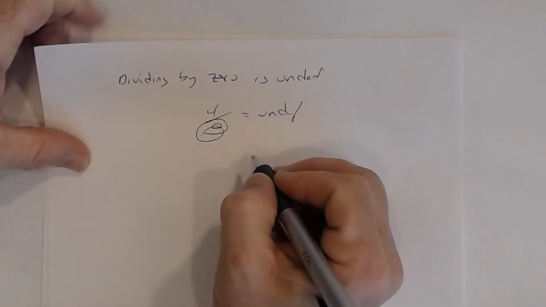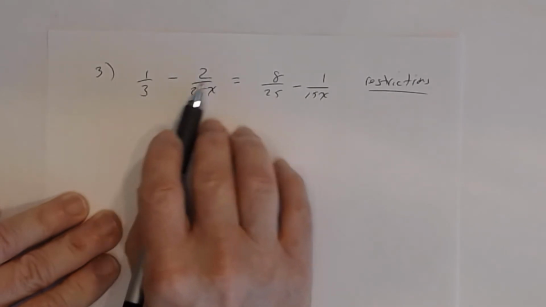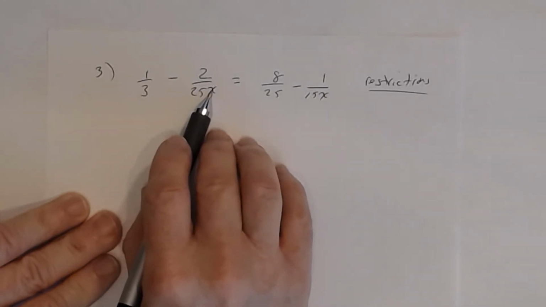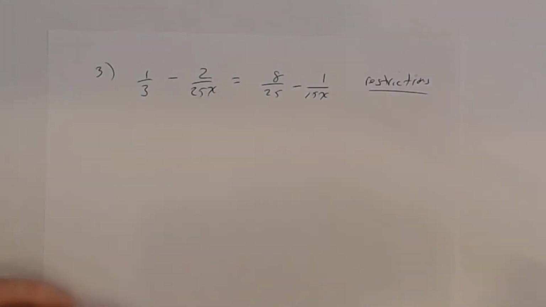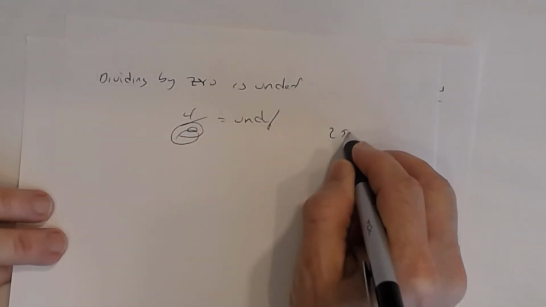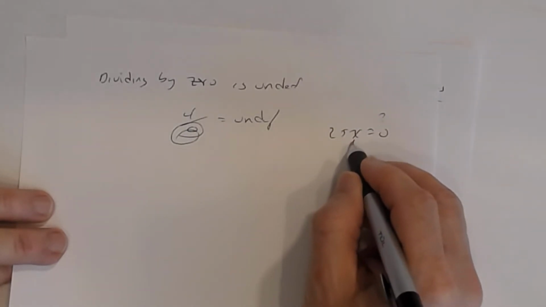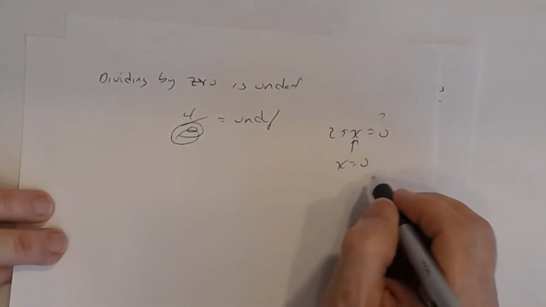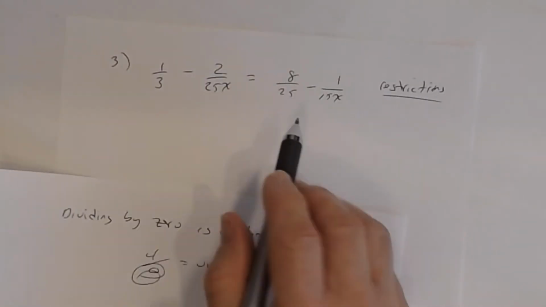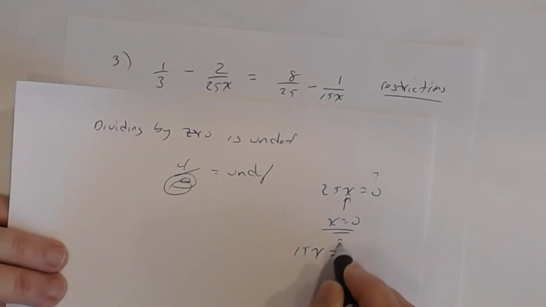So what you have to ask yourself is this: since I do have a fraction here with a variable in the denominator, where is 25x equal to 0? Well, 25x equals 0 when x is 0, right? Because when x is 0, 25 times 0 is 0. And the same thing here. Where is 15x equal to 0?